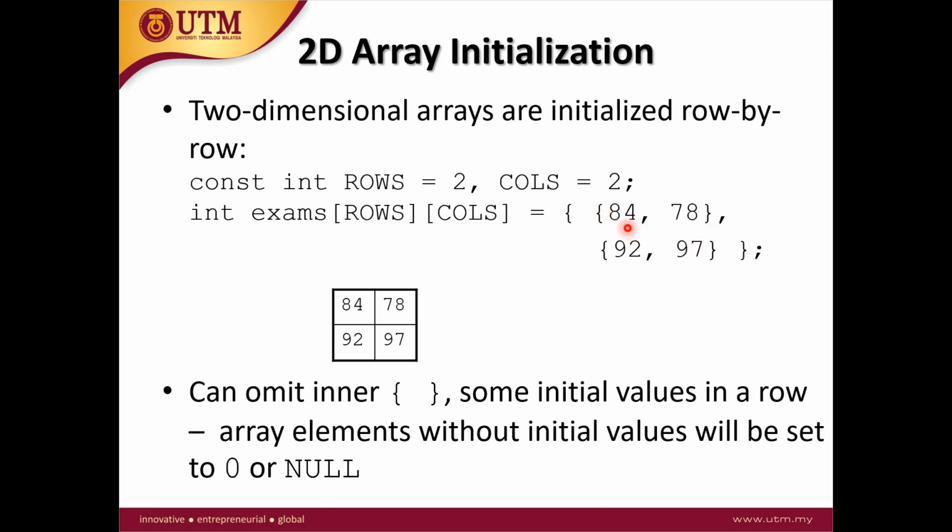So this is going to be the element row 0 column 0, row 0 column 1, then closing the bracket, then a comma for the second row. This is row 1 column 0, row 1 column 1. So this is how you can initialize a two-dimensional array. Okay, and this is the best way to initialize a two-dimensional array.